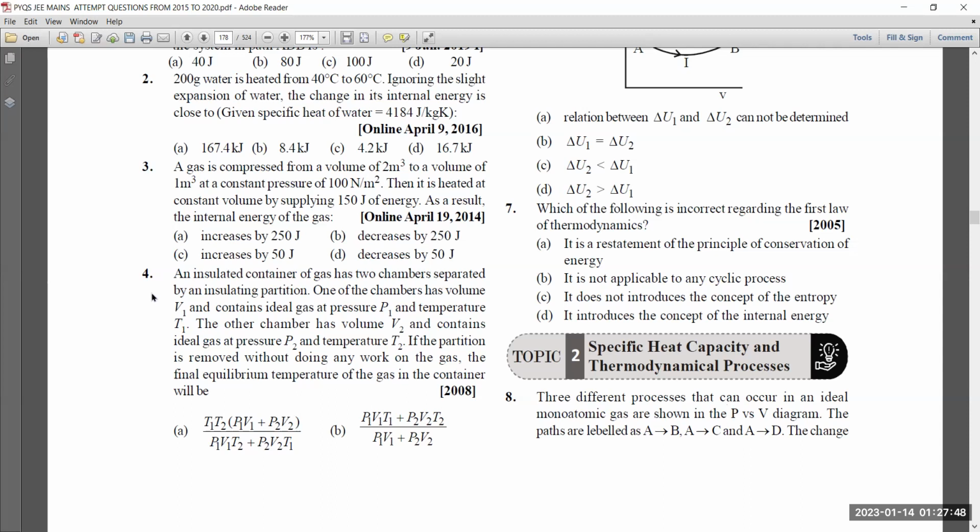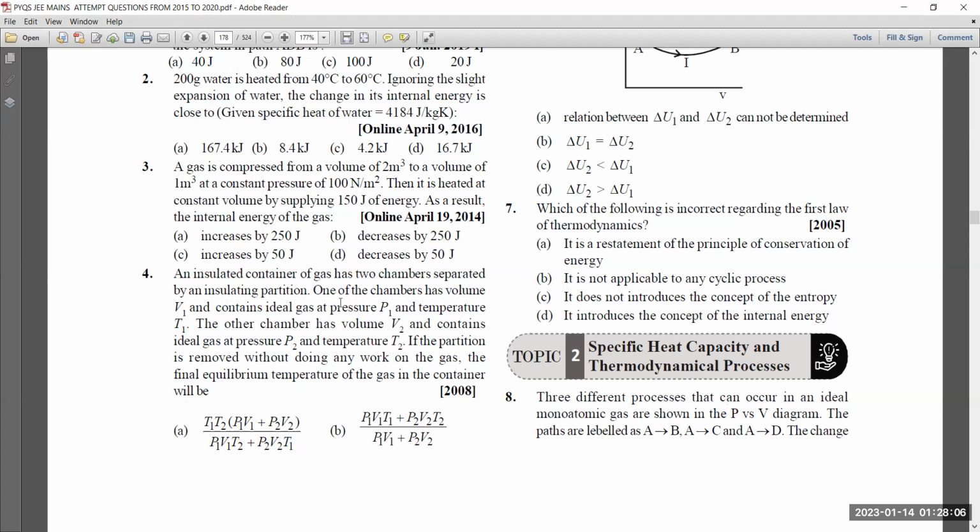Okay, in the question number 4, it is actually based on the conservation of mole, because it's a closed chamber and all.